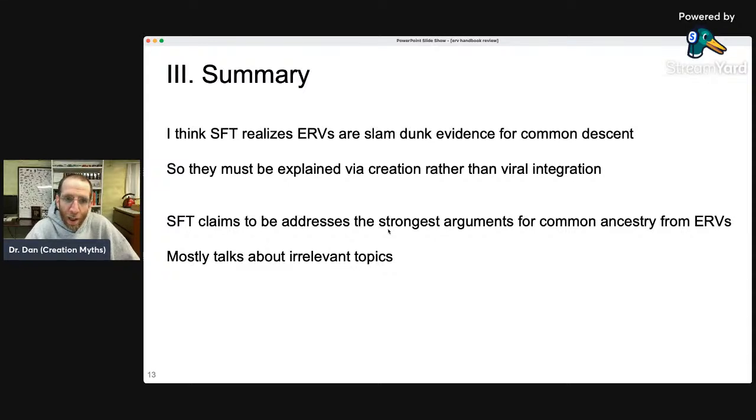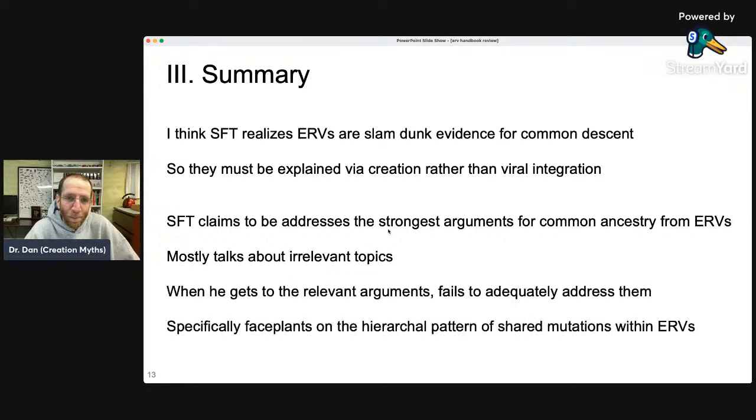Most of the book is about how ERVs are functional, therefore they were put there. But that doesn't matter. When he gets to the relevant parts, the locations and the mutations within the actual ERVs, he does not do a good job addressing this evidence, and specifically, rather fantastically face plants when it comes to the shared mutations argument. That hotspots thing was just like, no, not at all.